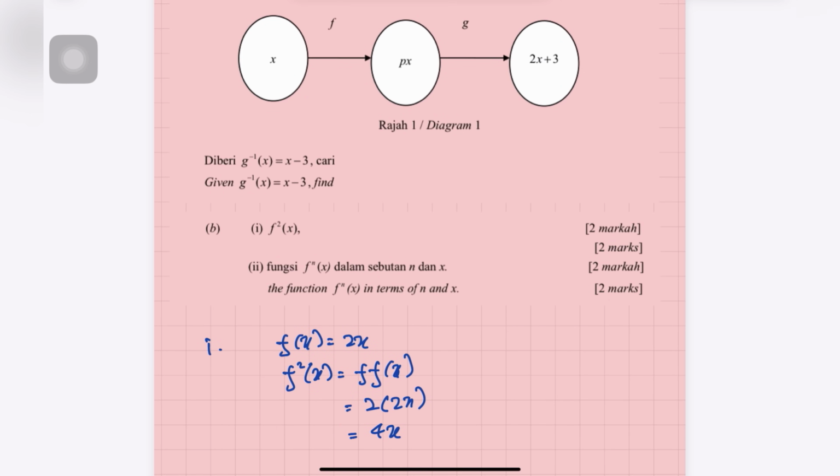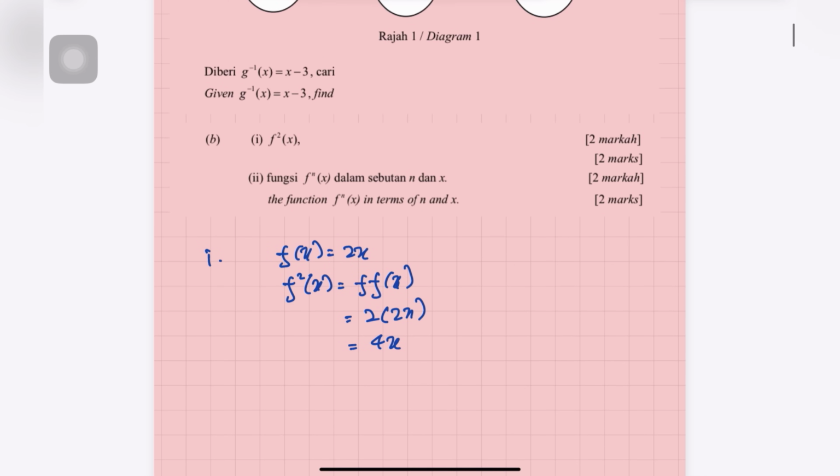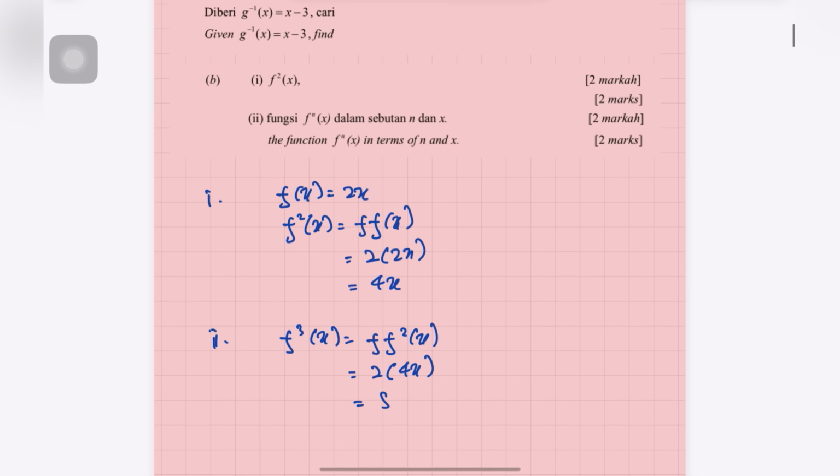Okay, so then Roman 2, find f^n(x). To find f^n(x), we have to find f(3x) first, then we can predict the pattern. So f(3x) is f of f(2x), so this one is 2 times 4x, which is 8x.